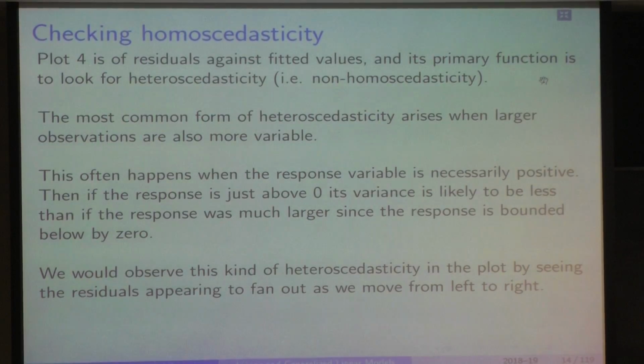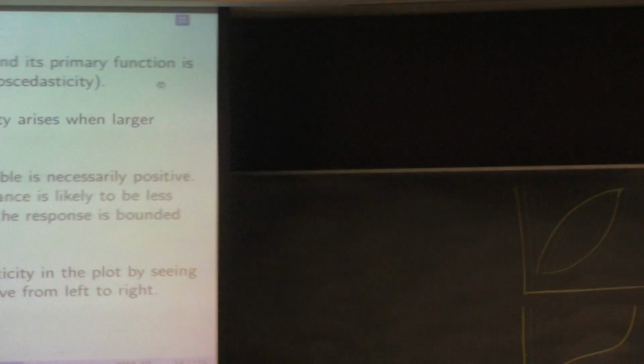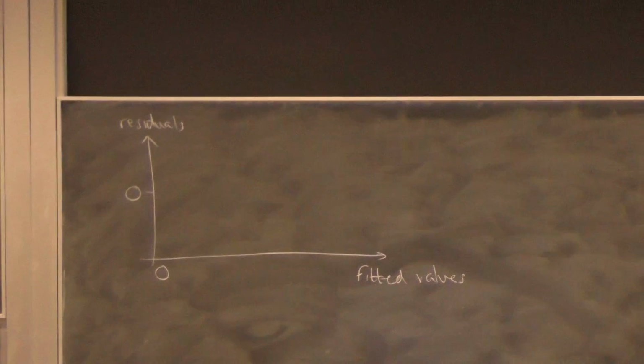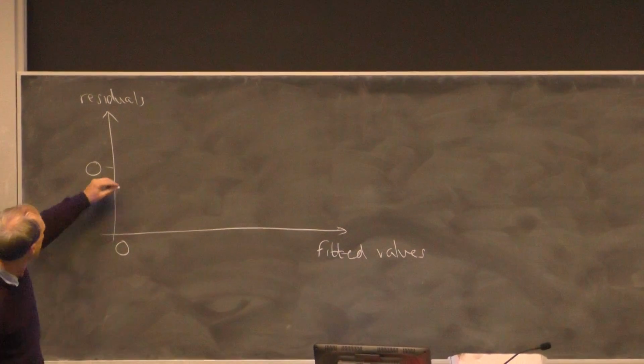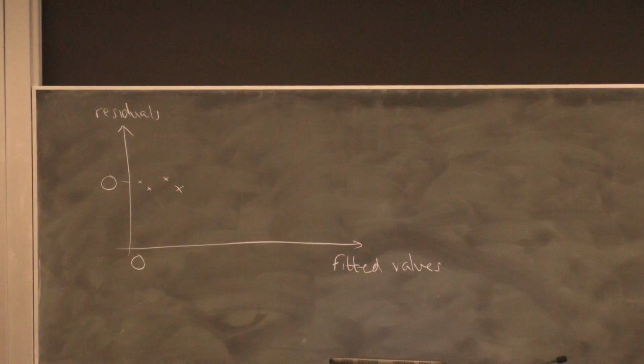Now what would a plot where heteroskedasticity of that sort was a problem look like? Well, it would probably look something like this. The residuals for observations with fitted values close to 0 are going to be quite close to 0, so things here are going to have a small variance.